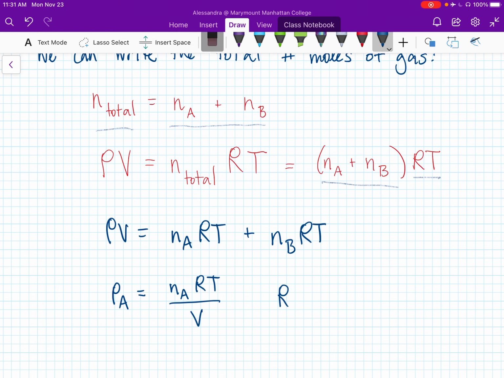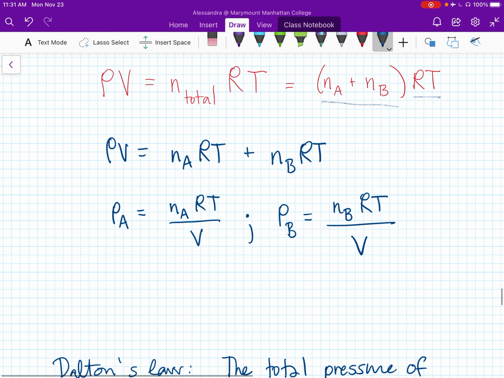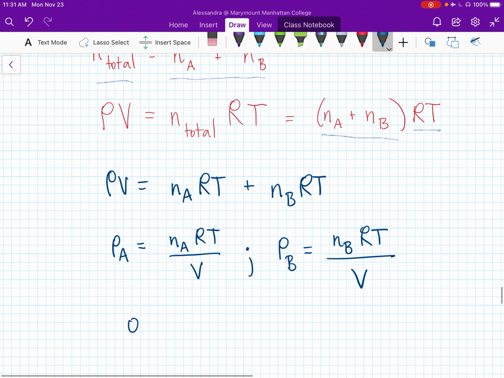And similarly, I could write the same thing for the pressure of gas B, that the pressure of gas B is going to be equal to the number of moles of gas B times RT over the volume of the container. P total, the total pressure here, is going to be equal to the pressures exerted by both gases.